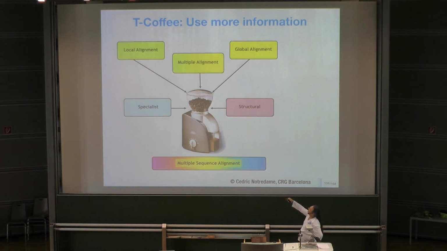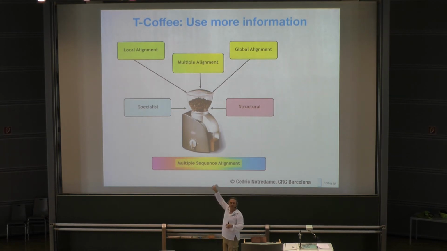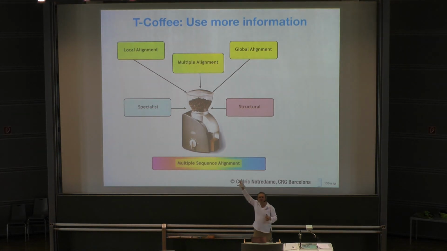You can use information such as local, multiple, global. You can use information from structures, and you can use information from specialists. Those are little tags that come in your alignments and simply say put more of that in there. And then you hope that the grinder, the genetic algorithm, finds the best path through it.